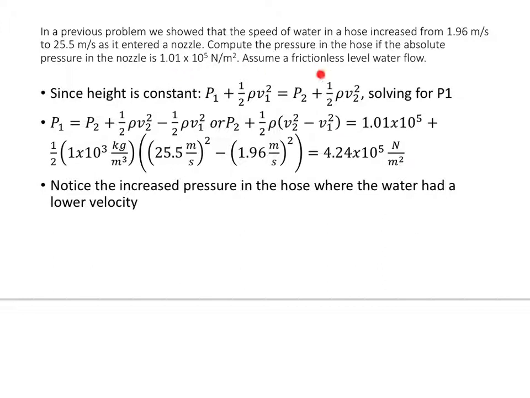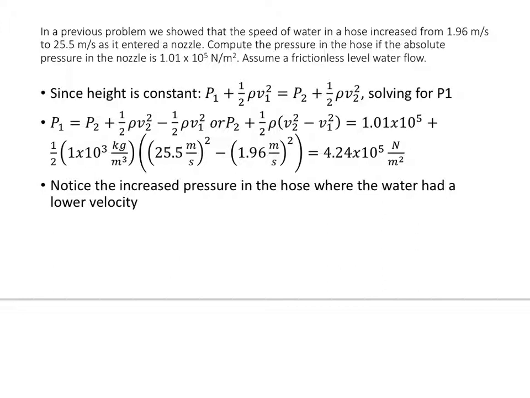We're assuming frictionless and level water flow. So level, of course, means that the hose is not increasing and decreasing in height. So we can use this abbreviated form of Bernoulli's theorem for constant height.